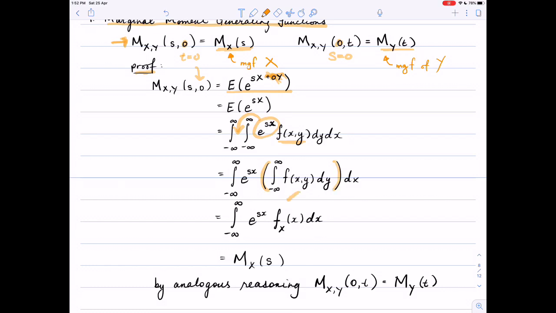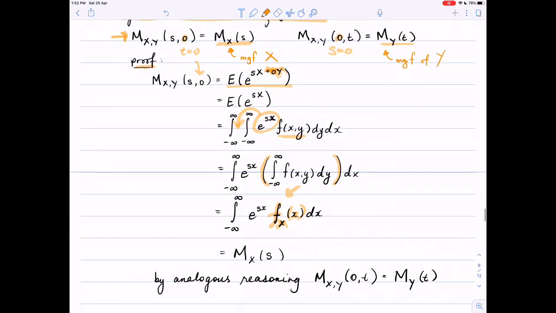That was exactly the definition of the marginal distribution for x, and the definition here of a function times the density, not just any function, but this function e to the sx. That's the expected value of s. Oopsie, no, it's not.